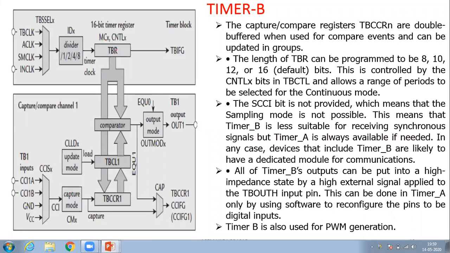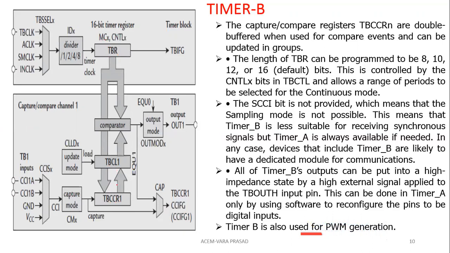Previously we had TAR, but here TBR, and similarly TACCR becomes TBCCR. Two buffers are used, two values are buffered, which you have to study here. The operation of Timer B is the same as what we studied in Timer A.